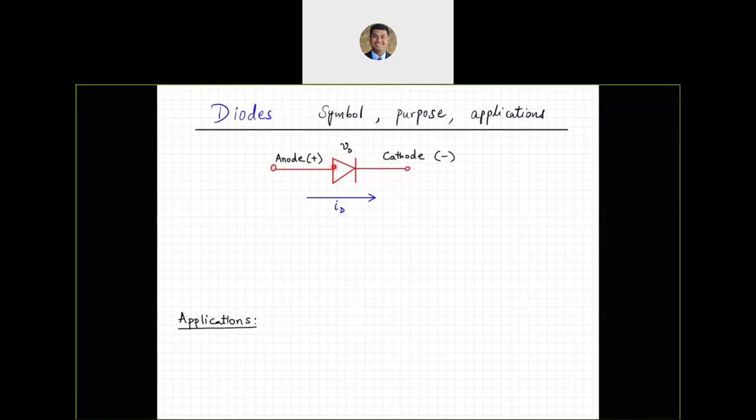The triangle and this straight line denote the direction of current. As you can see, the triangle points to the right, which is the same direction in which you have the current flowing. Now, how are we achieving this current only in one direction? Well, the way the diode is constructed is by using two doped semiconductors.